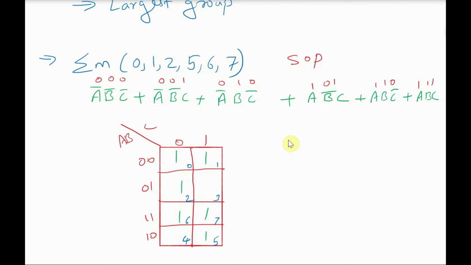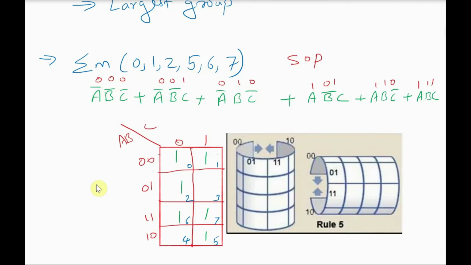When we fold this like a paper vertically, the left side will come to the right side. And when you fold the paper horizontally, the top cells and bottom cells are adjacent.